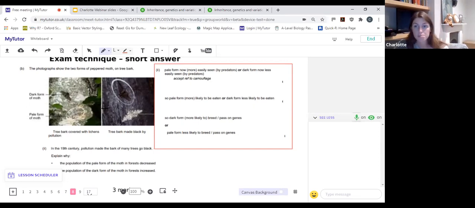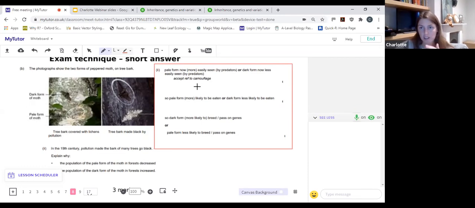So they'll accept both ways round of seeing it, which makes sense. And they'll accept a reference to camouflage, which is good. Quite a few of you have put the word camouflage in your answers in the chat. So that's really good. So you get 1 mark for talking about how the moth is seen or camouflaged.